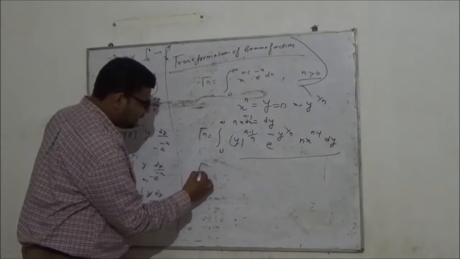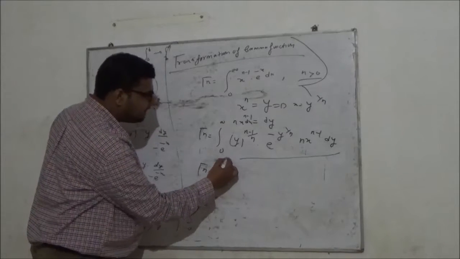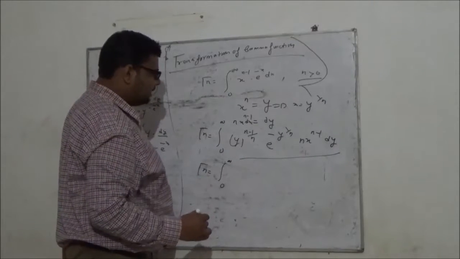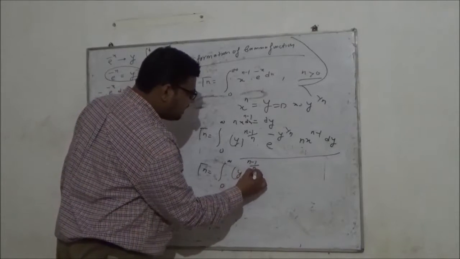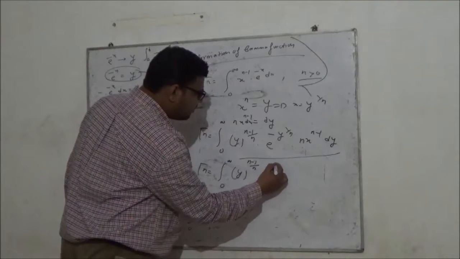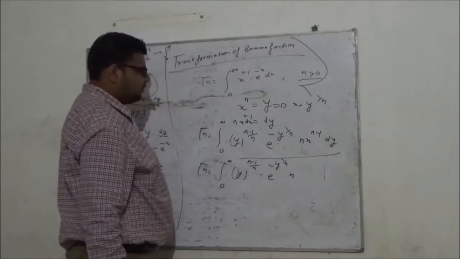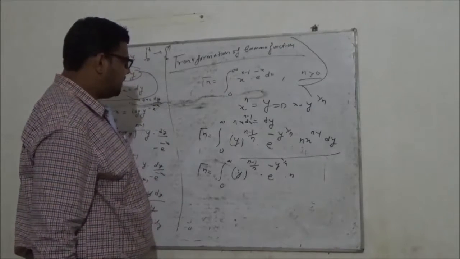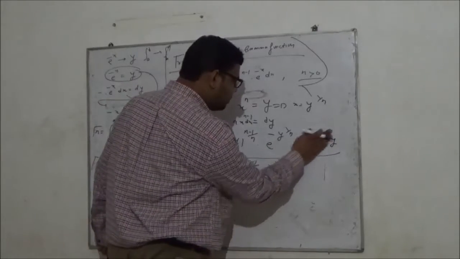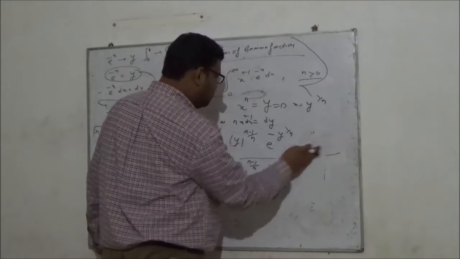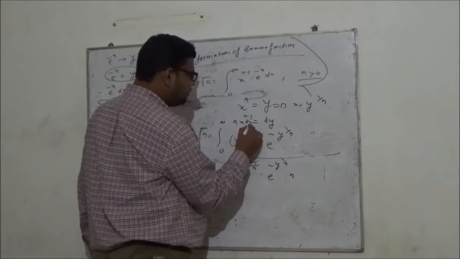Now I can also write here gamma n is equal to integration from 0 to infinity of y power n minus 1 upon n, e power minus y^(1/n), times... Sorry, I have thought wrong here. We have to find the value of dy, which is n x^(n-1) dx, so I need the value of dx.